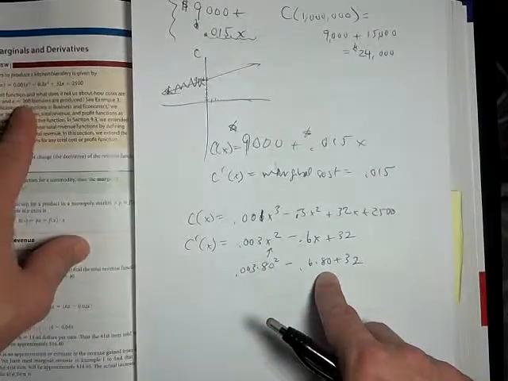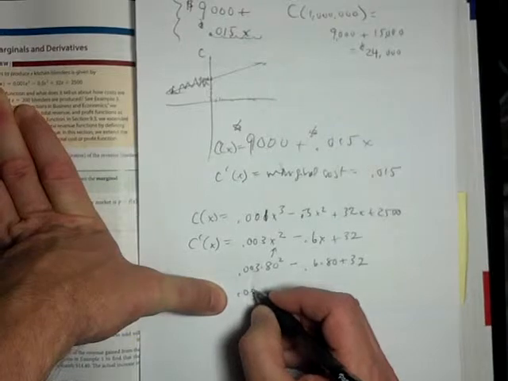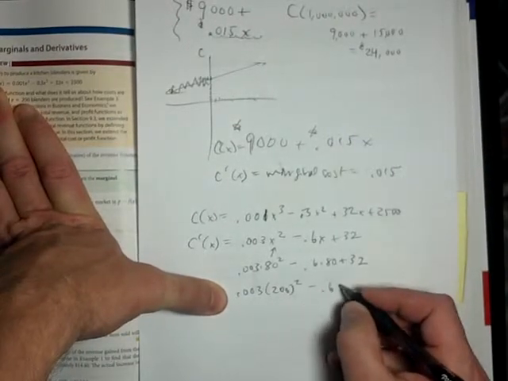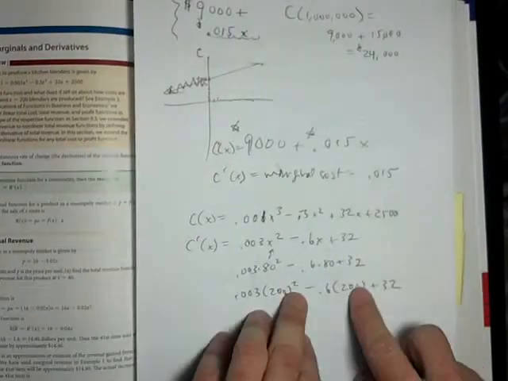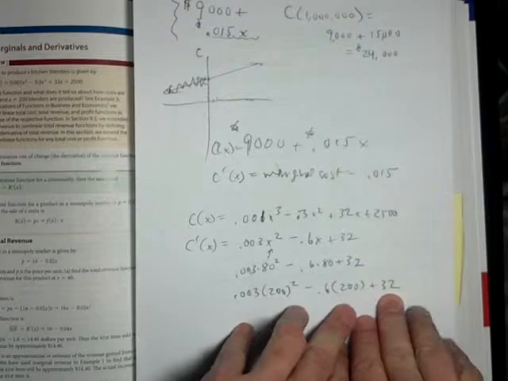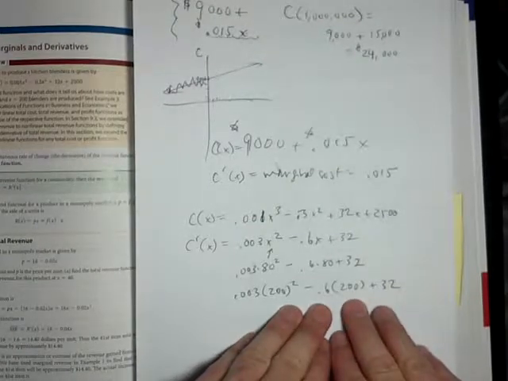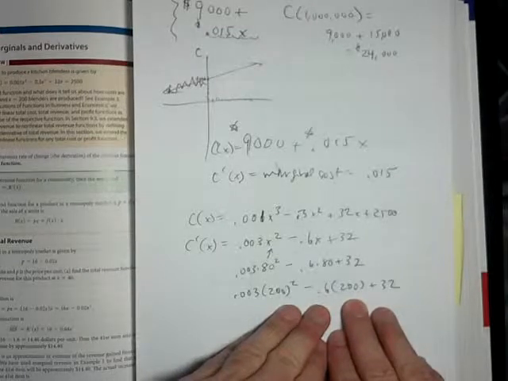And then they ask you to do the same thing for 200. What is the marginal cost function at 200? So you would put in 200 squared minus 0.6 times 200 plus 32, and you will get different numbers for these. I'm trying to glance at this and figure out which one is going to be bigger.